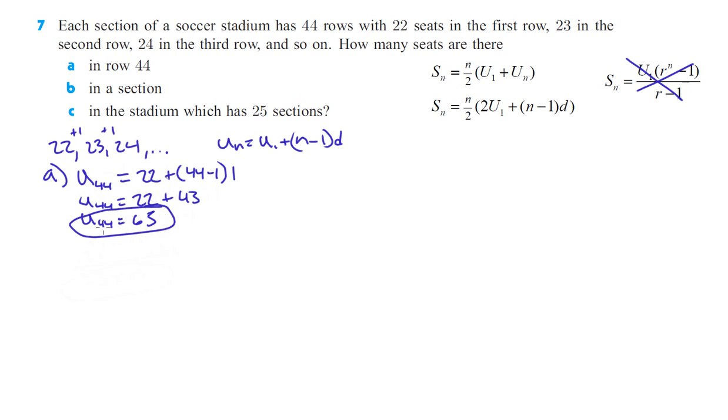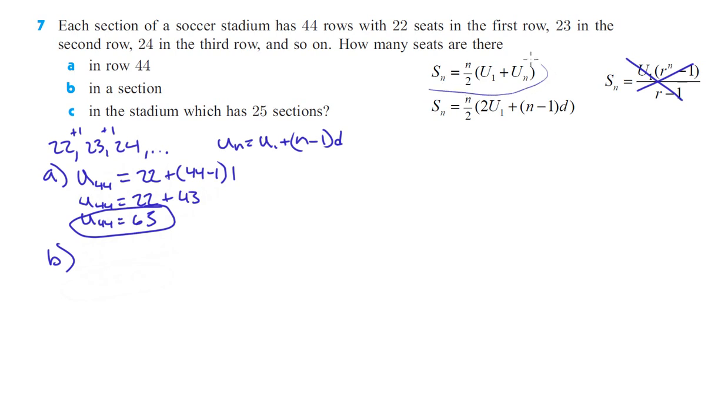For B, how many seats are there in a section? Now we're going to want to use our S of n. We want to know how many total seats there are, so that's the sum of all of the seats. We know that the first row has 22, and the last row has 65, so we can use this formula.